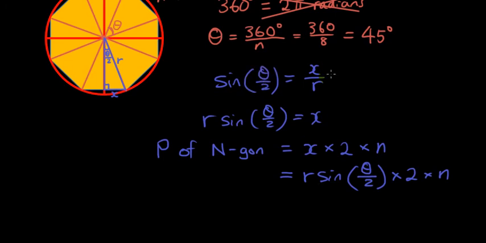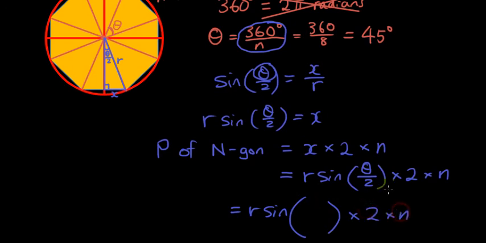Theta over 2, okay, so theta was equal to 360 divided by n. So let me substitute that in. So I have r sine, actually let's just leave that for a bit. So theta is equal to 360 over n, and then we divide it by 2 again, so that just moves the 2 down to the bottom of the fraction, so it's just 360 over 2n.